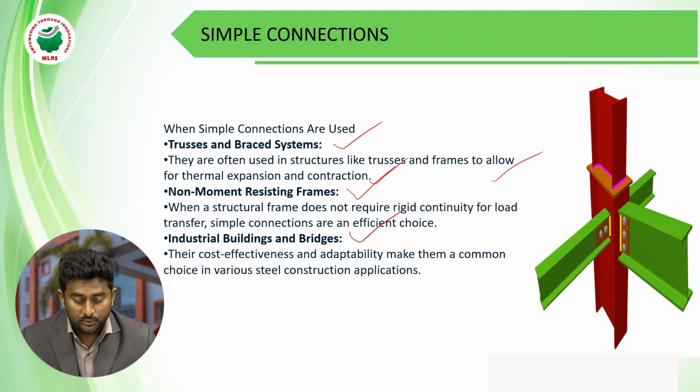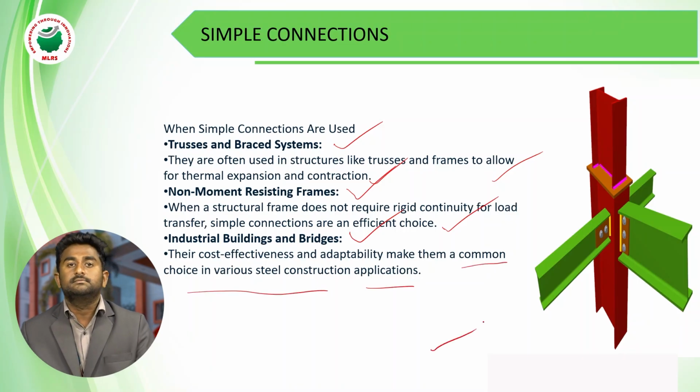Now coming to the non-moment resisting frames: when a structural frame does not require rigid continuity for load transfer, simple connections are an efficient choice. Now coming to the industrial buildings and bridges: their cost effectiveness and adaptability make them a common choice in various steel construction applications.